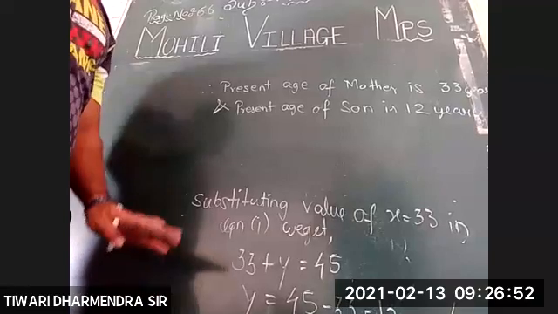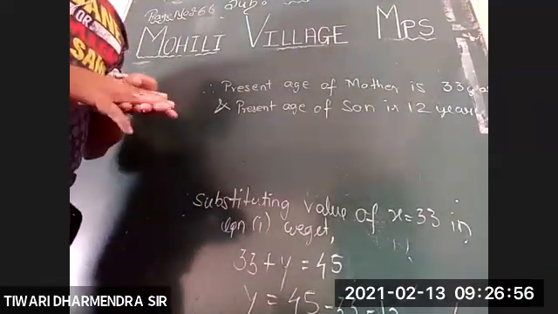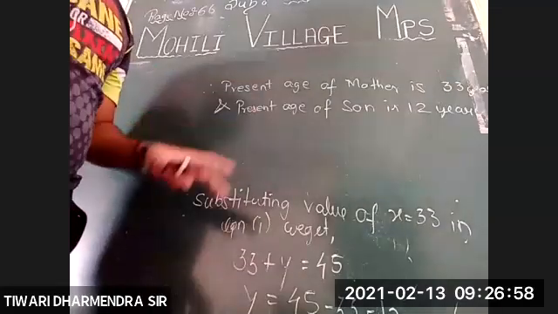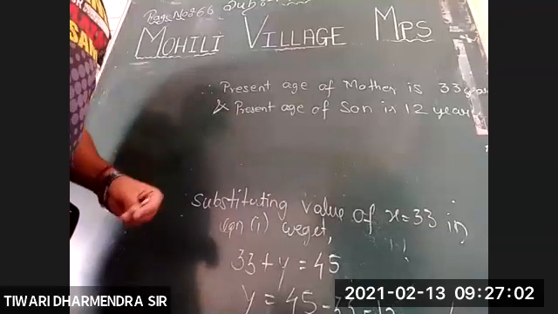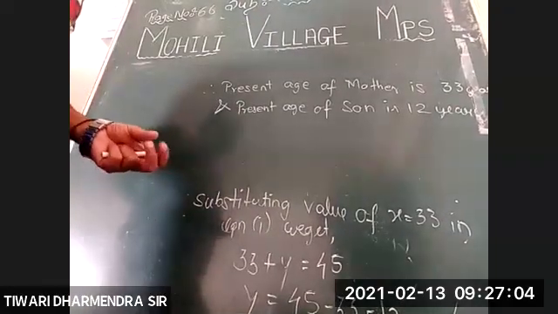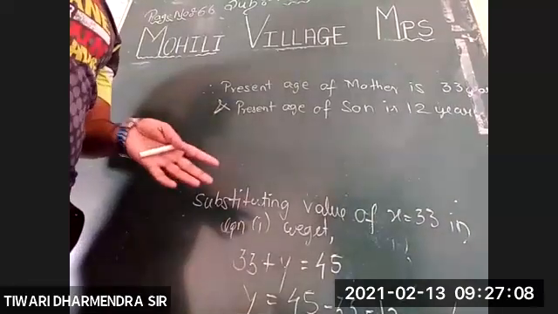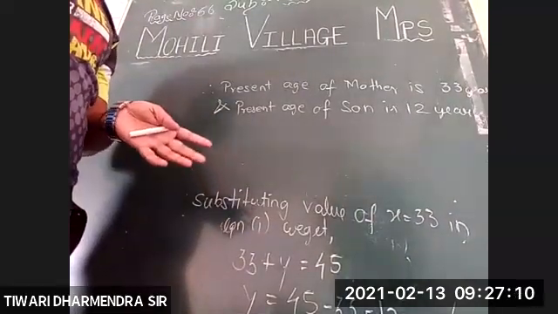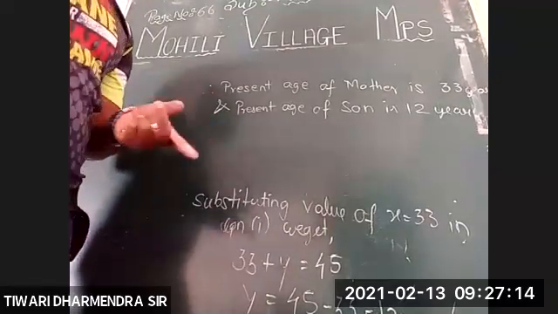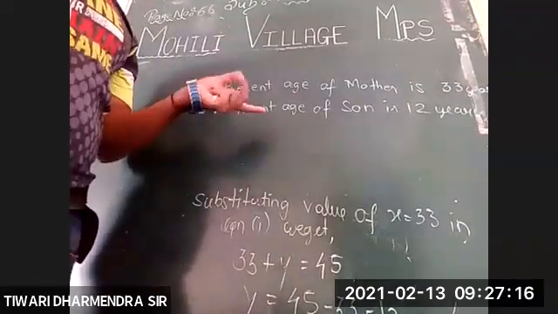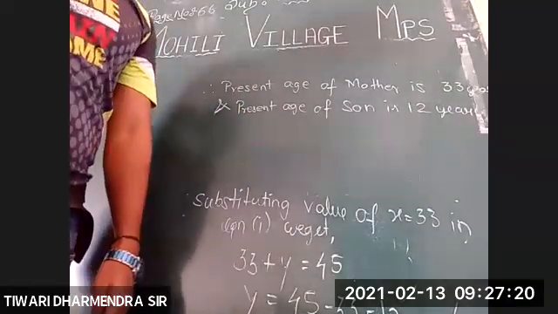So it satisfies the framed condition. So this is the technique how we frame the given condition in the form of variables. We apply additive or subtractive rules so that we can eliminate one of the variables anyhow and get the value of one variable, and using that value we substitute in any of the equations to get the value of another or second variable.